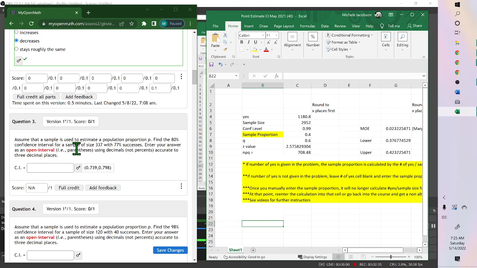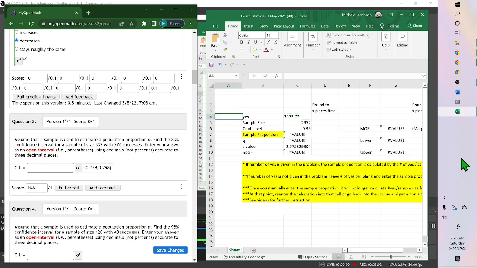Assume that the sample size is used to estimate a population proportion. Find the 80% confidence interval for a sample size of 337 with 77% successes. So if we go back here, 77%, 337. They didn't give us the number of successes, but it's 77% of 337.